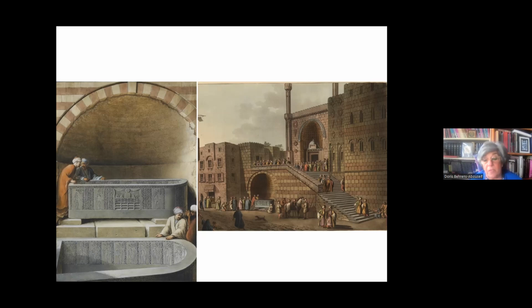Turkish travelers, Evliya Chelebi, described that it used to swim in the Nile back and forth, never stopping and never ending, until one day an Egyptian ruler had it stopped.